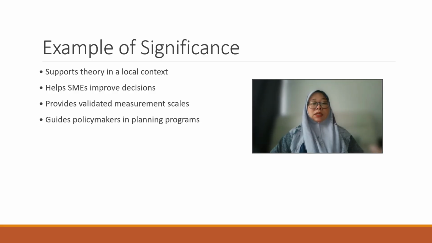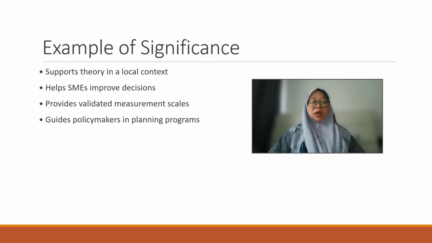So this is a simple example of what a significance section might look like. Let's say that you are conducting a study that contributes to the theory of planned behavior, in which you want to test a model within Malaysian SMEs, small medium enterprises.